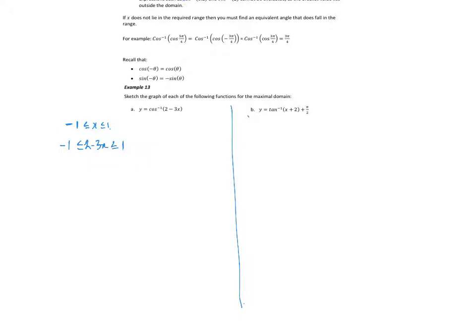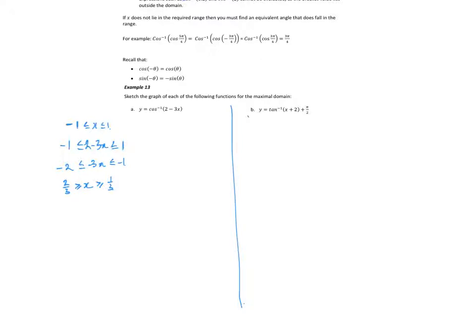If we subtract 2 from both sides, negative 3x is less than minus 1. Divide by negative 3, so we end up with 2/3 greater than x, greater than 1/3. So now we can see that the domain of my graph is between 1/3 and 2/3.